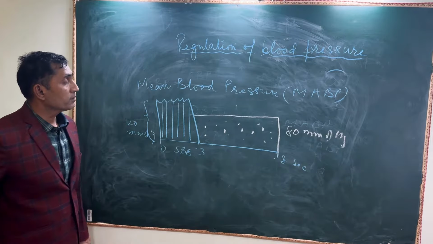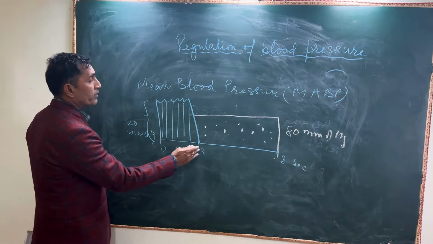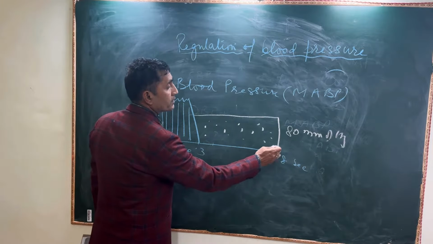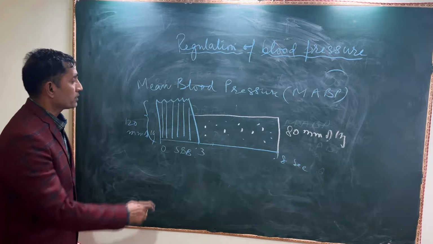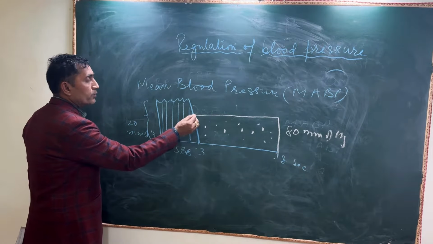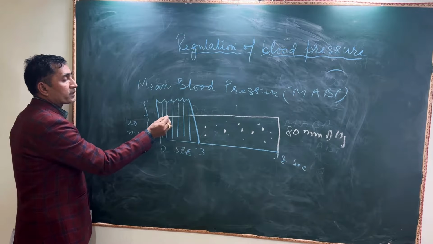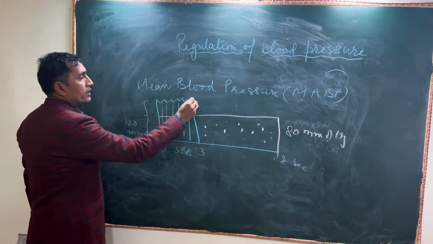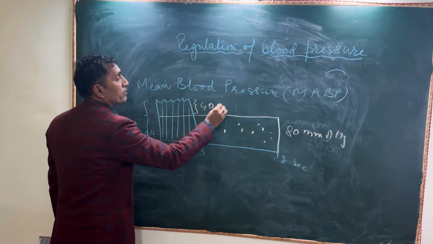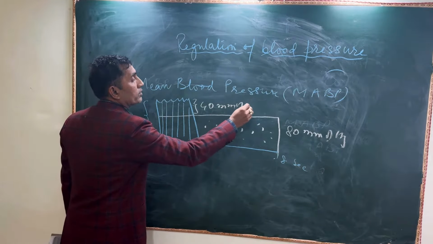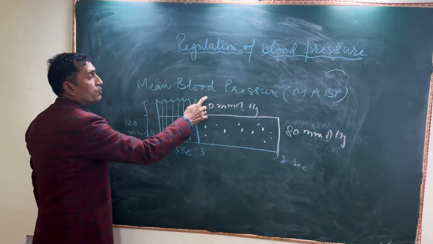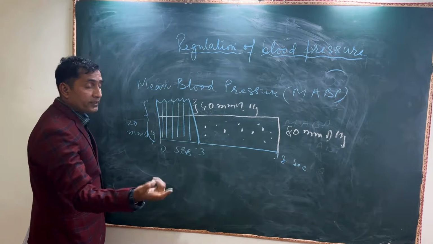How we can calculate the mean pressure? Because first 0.3 second, that is the systolic blood pressure, and next 0.3 second, that is the diastolic blood pressure. We'll have to calculate the mean pressure. So here, if we extend this line, then rest pressure is the pulse pressure, that is 40 millimeter of mercury. So if we divide this 40 by 3, why divided by 3?